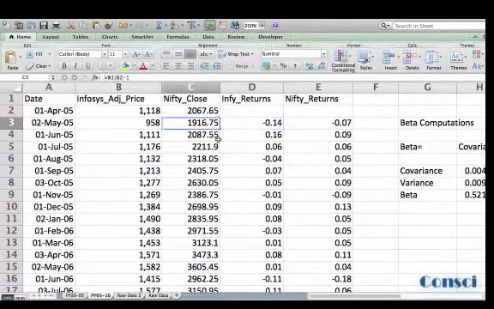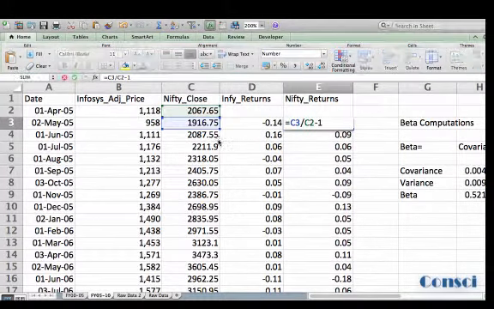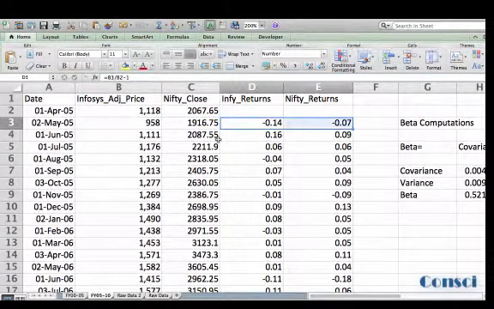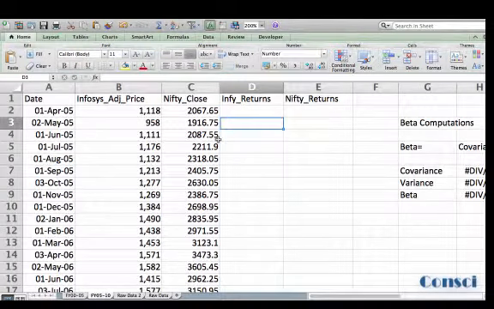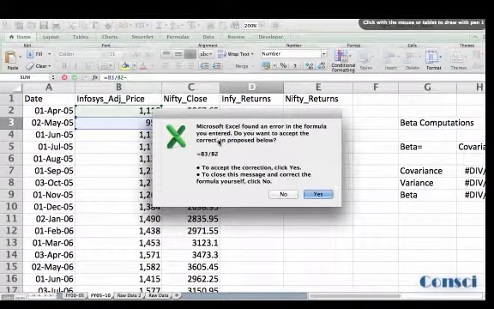Okay, now to compute beta, you will calculate returns of Infosys and returns for Nifty. So what we have done essentially is we will say equal to May price divided by April price minus 1, which helps us to calculate the returns.